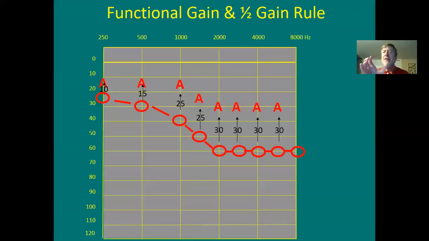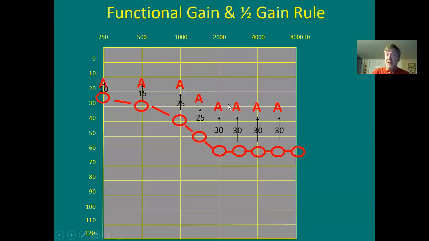Your whole goal was to make sure that the A's were about halfway above the thresholds. Because you knew that if you improved his hearing thresholds by about half the degree of his loss, you had reached your half gain target.